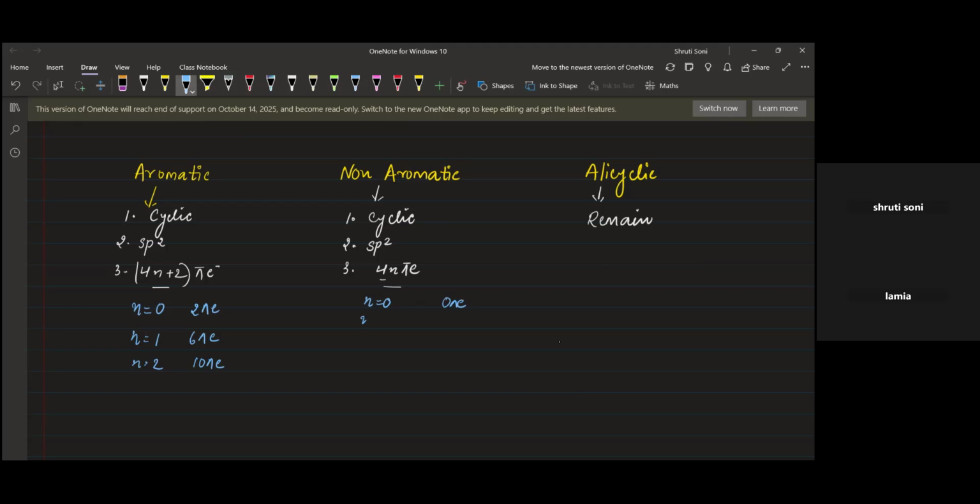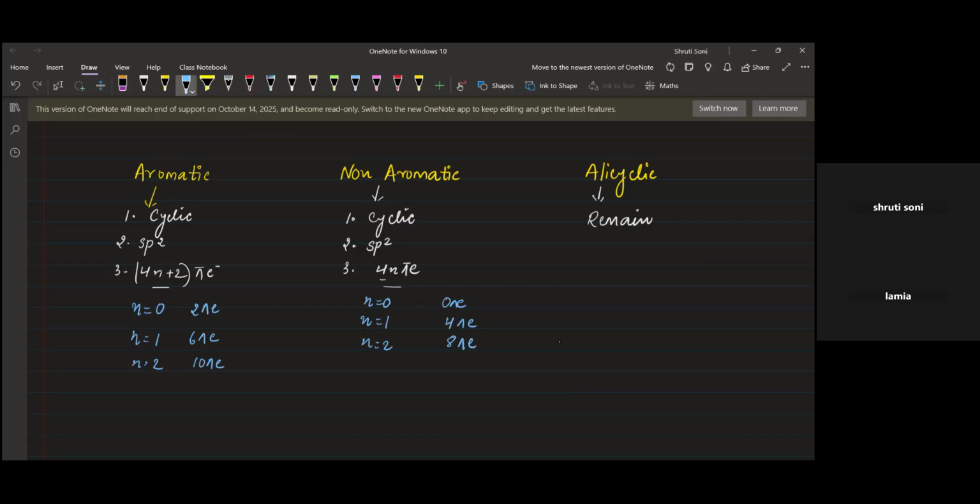After that, n equals 1. In that case, 4 pi electrons. And n equals 2, 8 pi electrons.